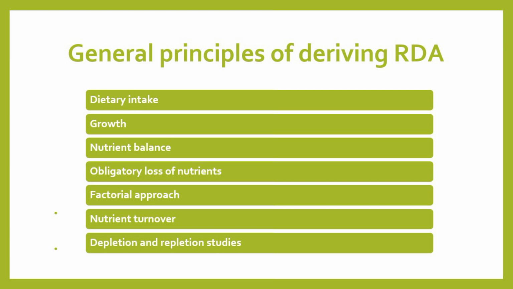To derive RDA for water-soluble vitamins, we use depletion and repletion studies. We first deplete the nutrient and then gradually replete it to observe the response, which is an indication of the requirement of that nutrient.